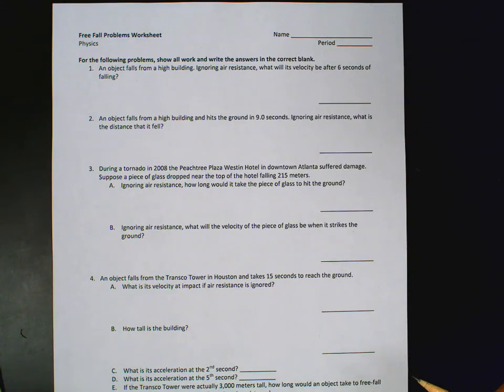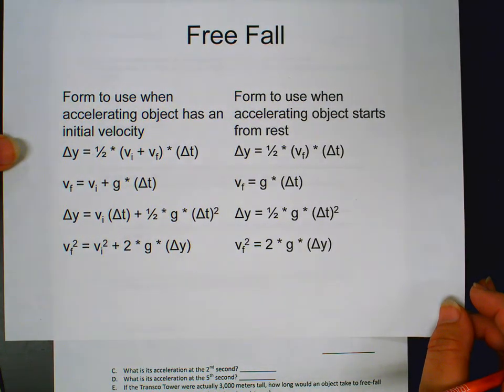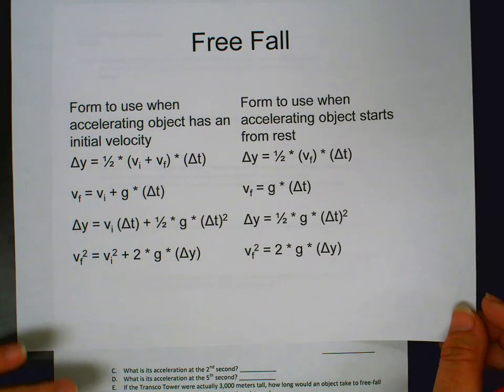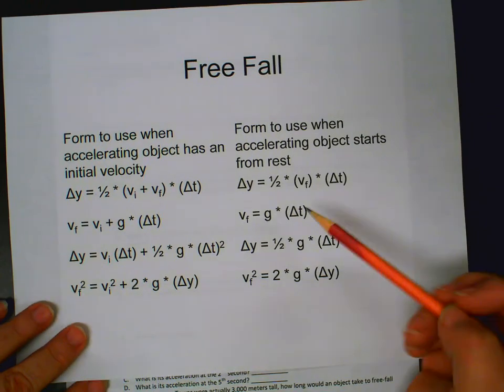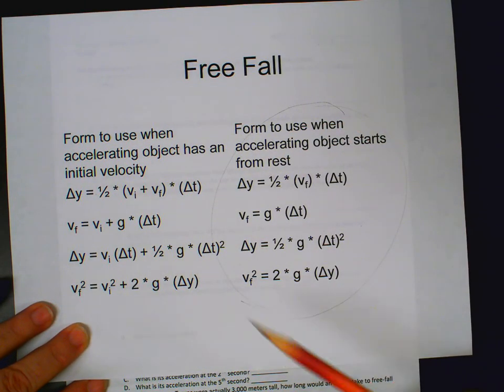Okay, today you're going to be working on a free fall problem set. You're going to use the equations that were on the last slide of the last set of notes you took over free fall. For the purpose of this worksheet, you're mainly going to be using these formulas.